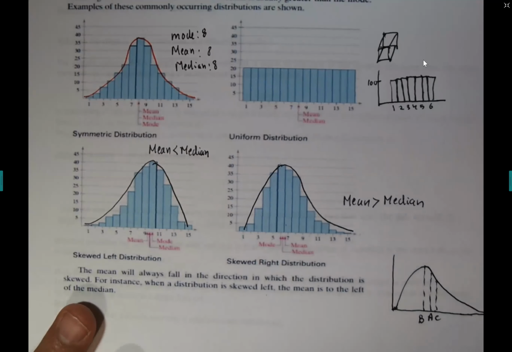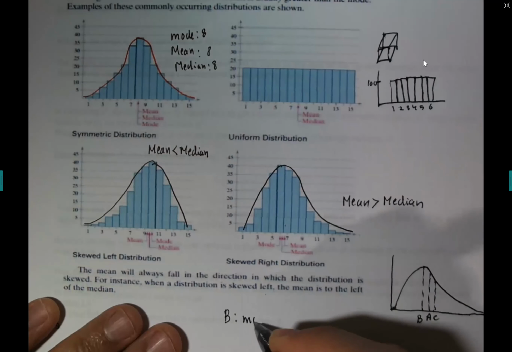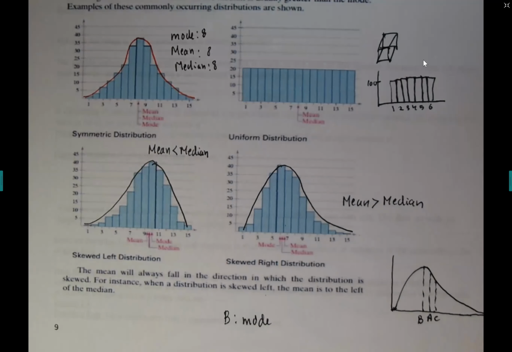I tell students always start with the mode because that's the easiest, it's the highest. So which one of those, B or A or C, is going to be the mode, guys? B, because it's the tallest. Exactly. Then I tell students, since you know that this is a right skewed distribution, the mean is going to follow the tail. So figure out what the mean is next. Is A the mean?